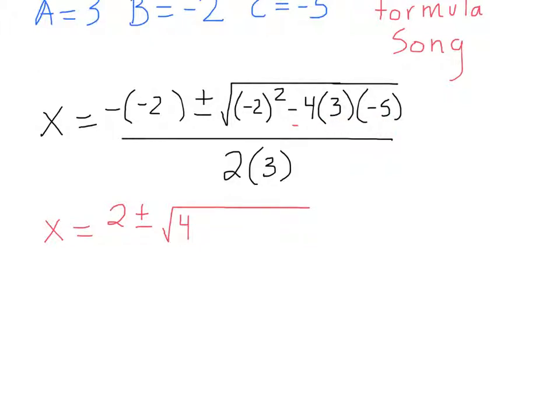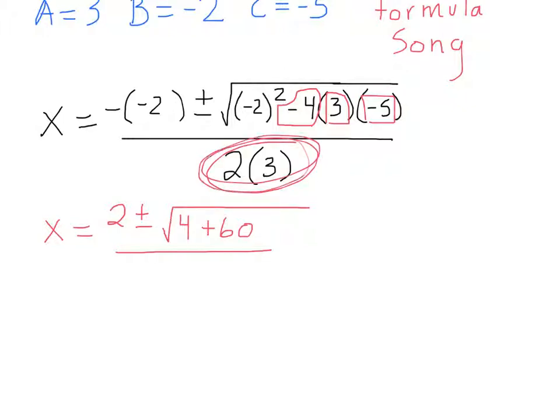Again, I said negative 4. This is a negative 4 times 3 times negative 5. And so that's 60. Since it's positive 60, I put plus 60. If it had been negative 60, I'd have put minus 60 right there. All over 2 times 3 on the bottom. See this 2 times 3? That's 6.